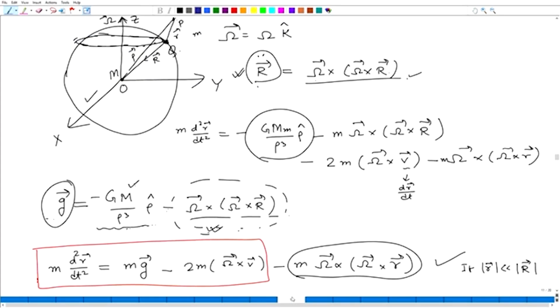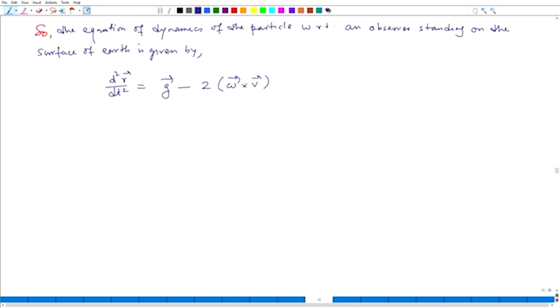Okay. So, once again you try to understand that, I have this effective g, I have this Coriolis force, and this I just neglect. So, finally, I have these two sources of interaction, and this one is the only. So, if I just write mg and m this, this one is the main force which is acting on the particle.